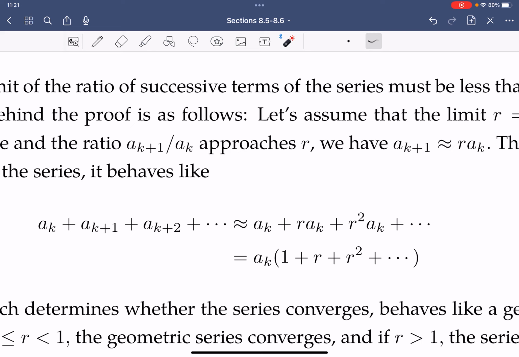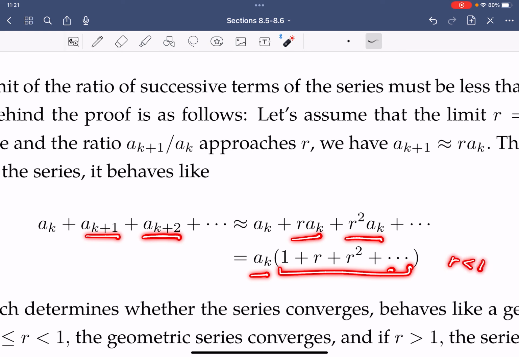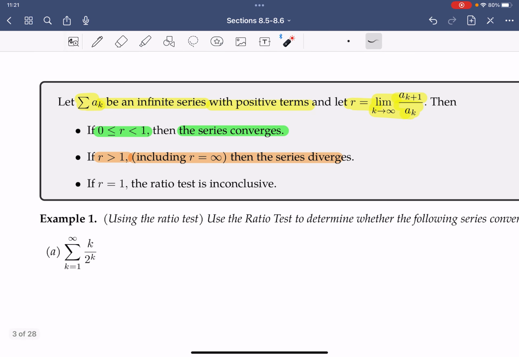You plug in a_{k+1} by r a_k, a_{k+2} by r squared a_k, and so on. Then you pull out a_k, and it comes back to the geometric series, which means it's convergent when r is less than 1 and divergent when r is bigger than 1. So if you have the r value by taking the limit, you can figure out convergence and divergence just by looking at r. This is so powerful. This is called the ratio test.